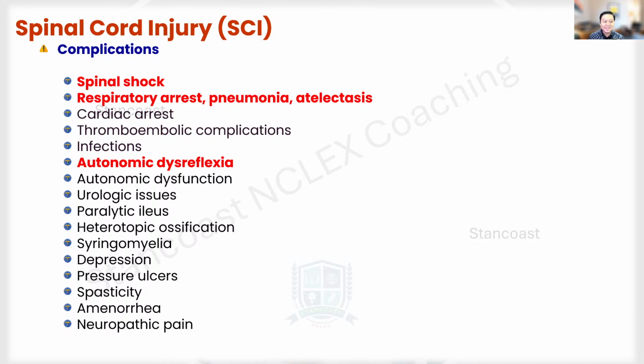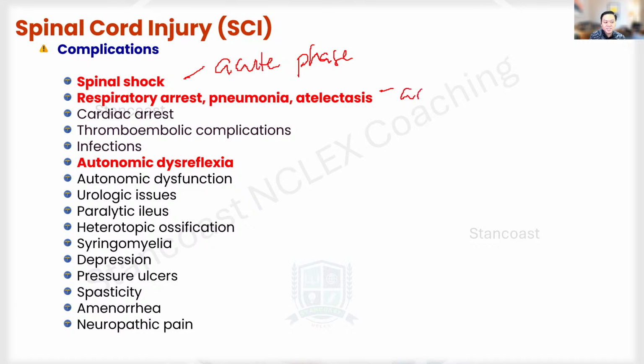As you see, there's a long list. And I highlighted the very common ones in red: spinal shock, respiratory arrest, pneumonia, atelectasis, and autonomic dysreflexia. And these are what you're going to pay attention to during the acute period, the acute phase, immediately when the injury has occurred.